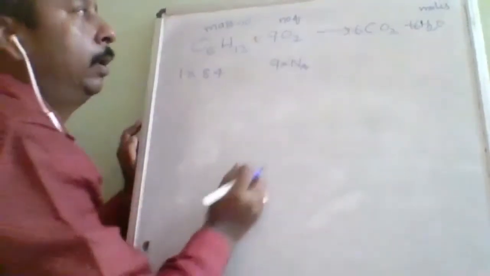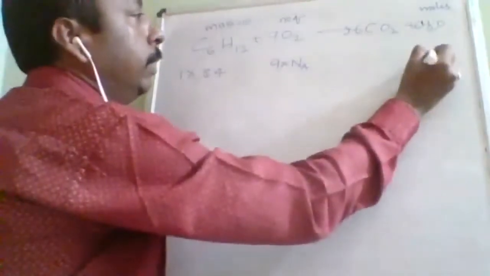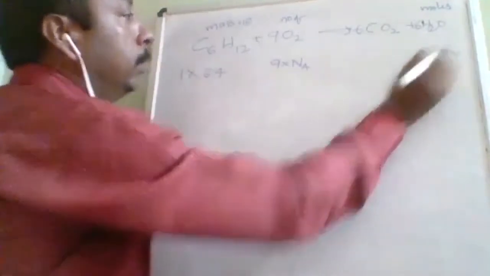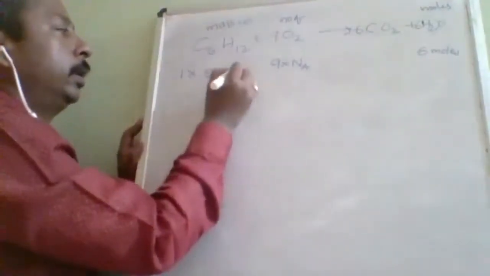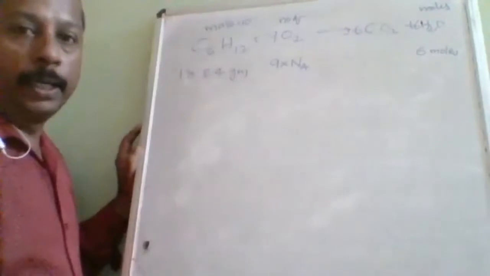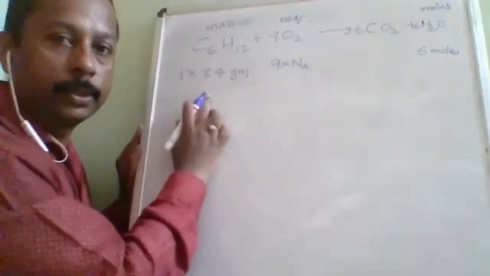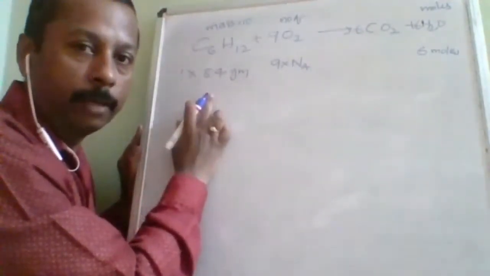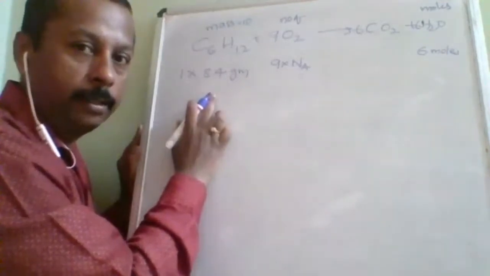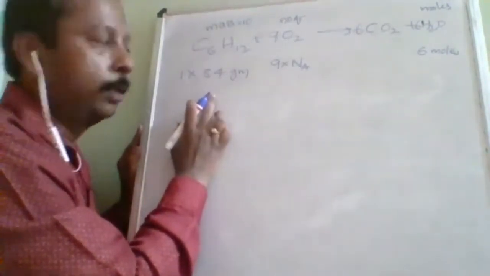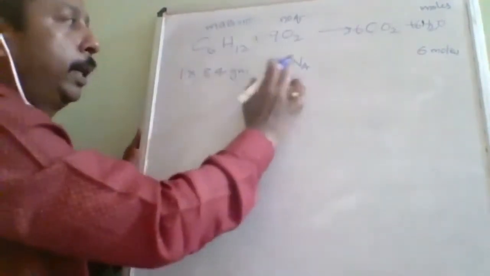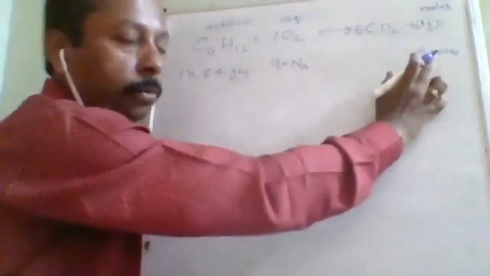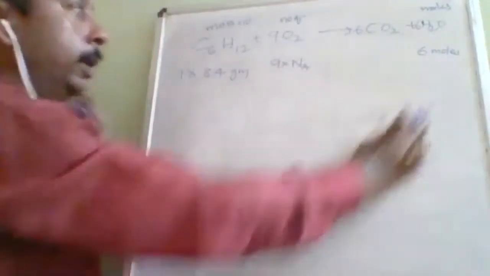Avogadro number. And for moles, what should we multiply? Nothing. So 6 moles. That means the day I use 84 grams of hexene, it produces 9 into Avogadro number of O2 and 6 moles of H2O.